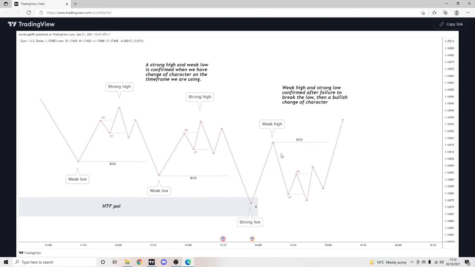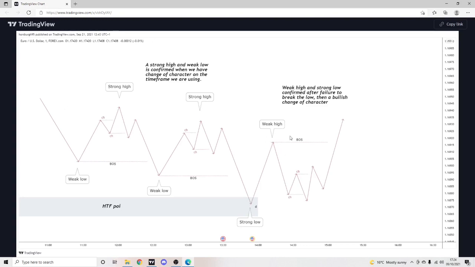So the internal supply that was in demand fails. We get change in character. Demand now takes over. This now becomes weak. Why? Because this high didn't have enough sellers to take this low. This is now our first target.